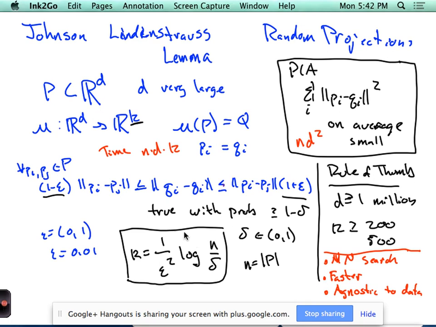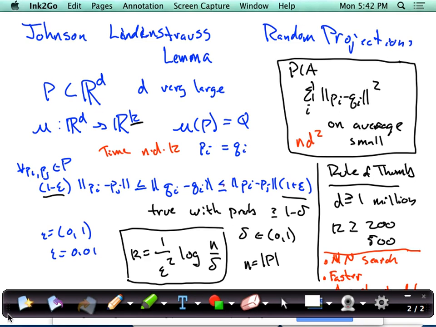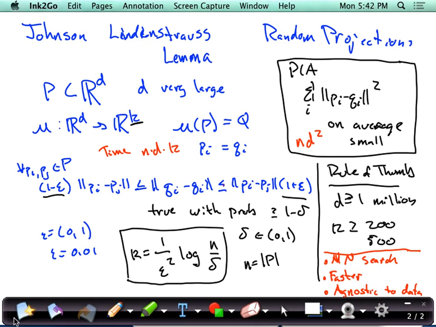So to describe this projection, this mapping, you don't need to see the data first. Whereas PCA needs to look at the data very carefully as part of this process. So this will have certain advantages: you can do it to two data sets independently and then join them together later, and all this is going to work out.